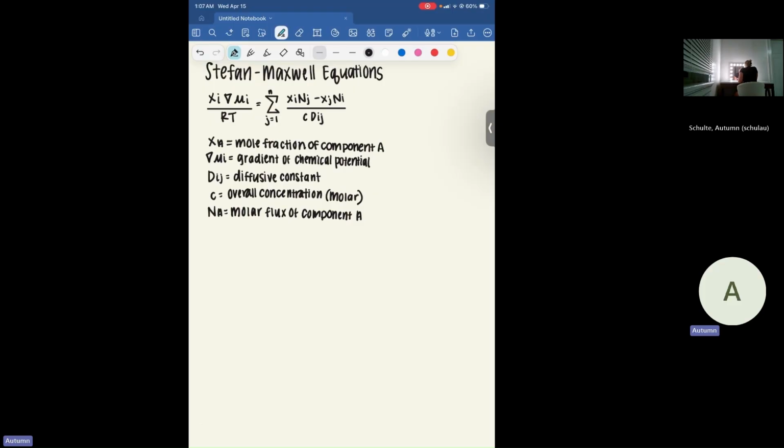Okay, so now I want to simplify our base Stefan-Maxwell equation. As I said before, the left side of this equation contains our driving force of species i.